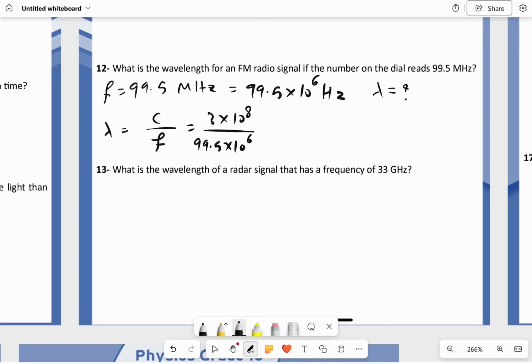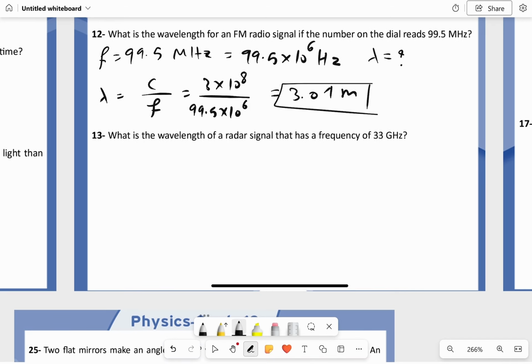Let's calculate that. We have 3.01 meter. This is the wavelength that we have for the FM radio.